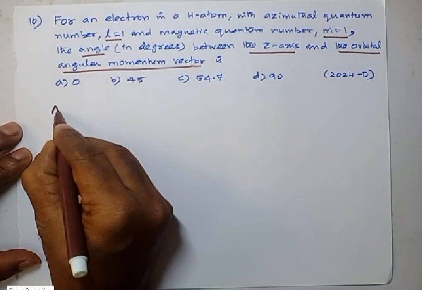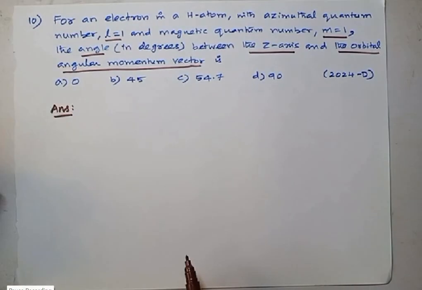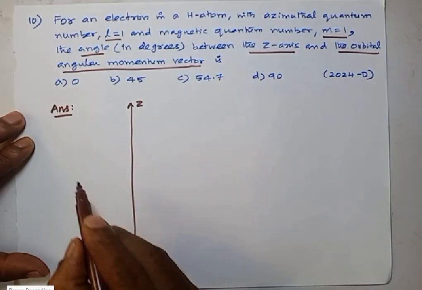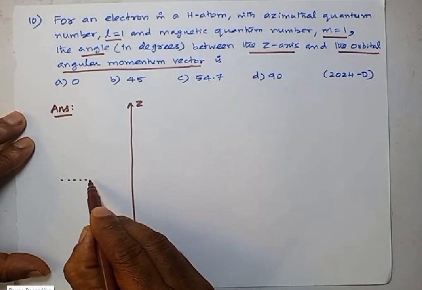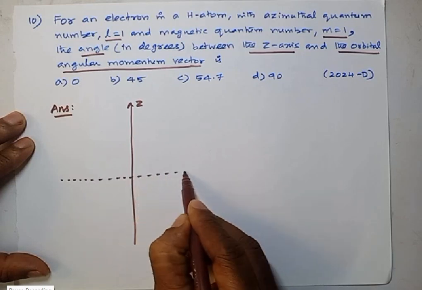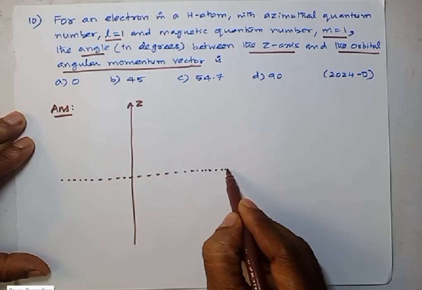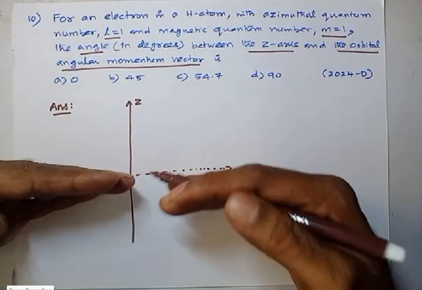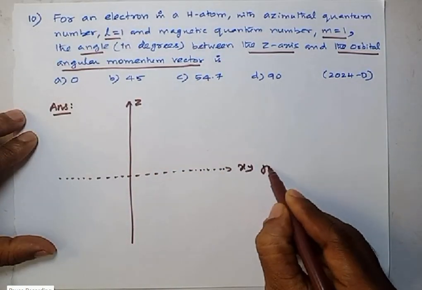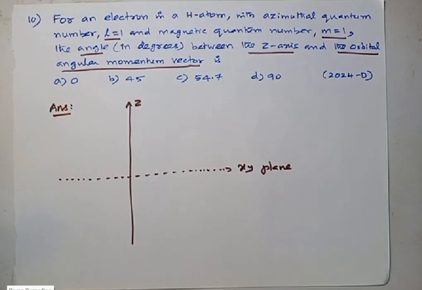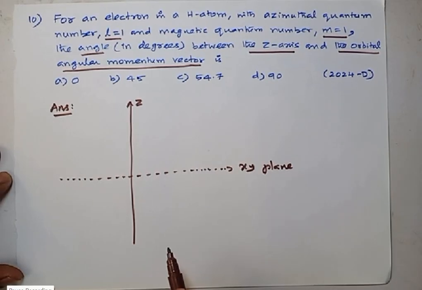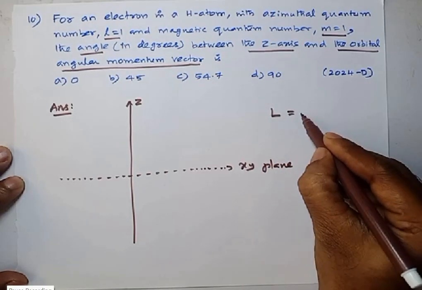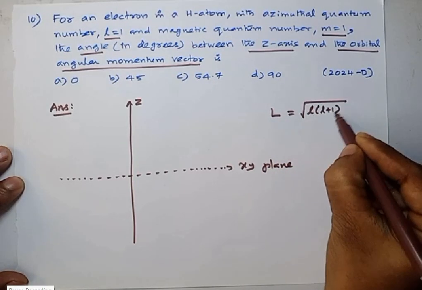Listen, it's a very simple one. You know very well that, say, I'll take this as the z-axis, and let us take this as the xy plane. The total angular momentum is equal to square root of L into L plus 1 into h cross.